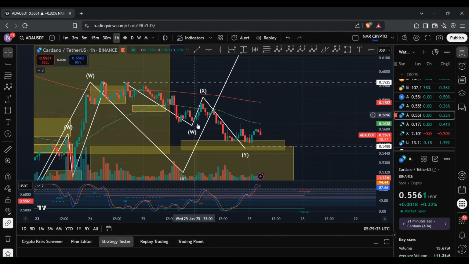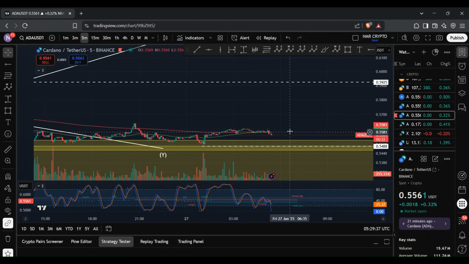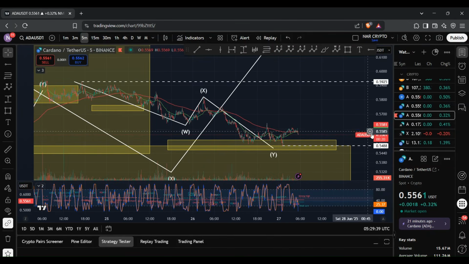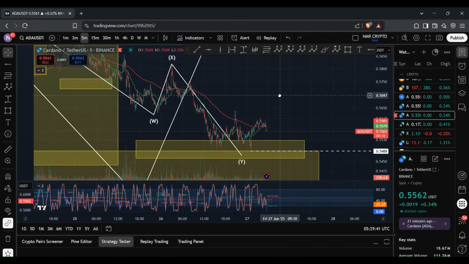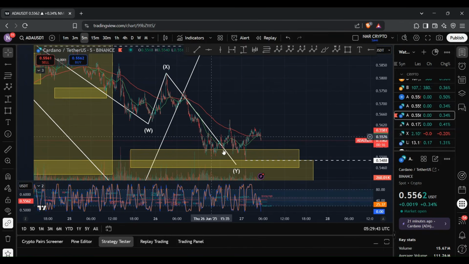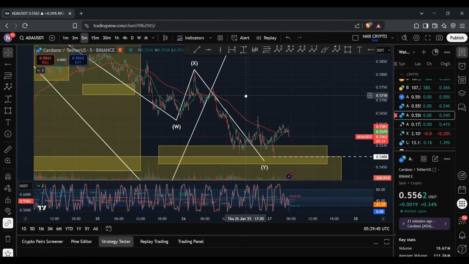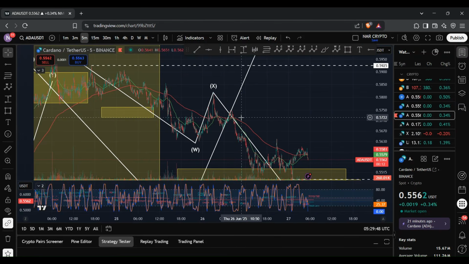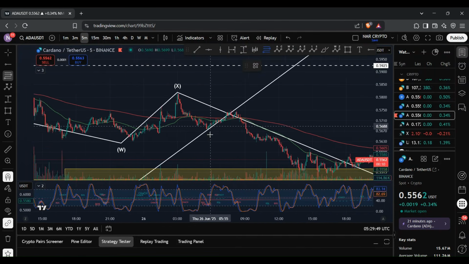And so what I'll do is actually check to see if this move to the downside is complete. And so I'll go on a 5-minute chart. And it does look like this Y wave is made up of 5 waves. So what I'll do is I'll use the Fib tool.